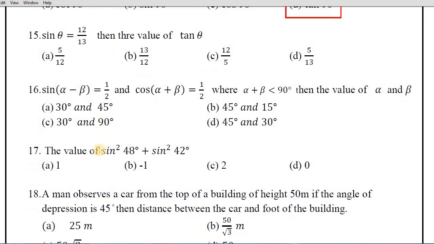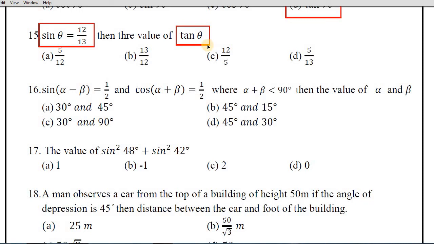Next question number 15, children. Sin theta is equal to 12 by 13. So sin theta is 12 by 13 means perpendicular is 12, hypotenuse is 13. In other words, opposite side is 12, hypotenuse is 13. We need to find the value of tan theta. So to find tan theta, what do you want to do?